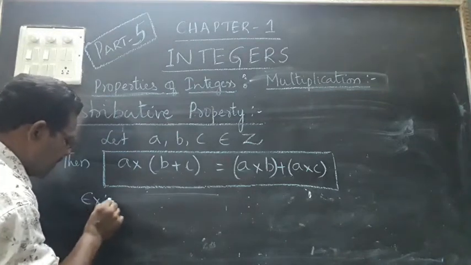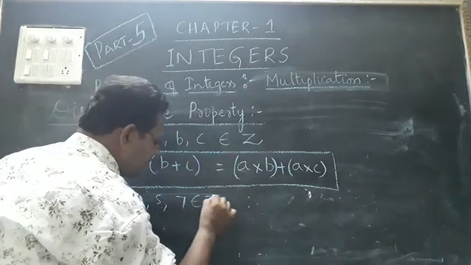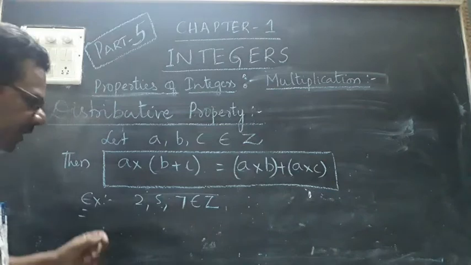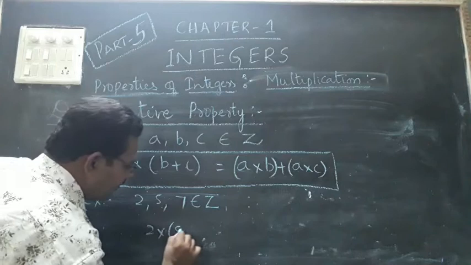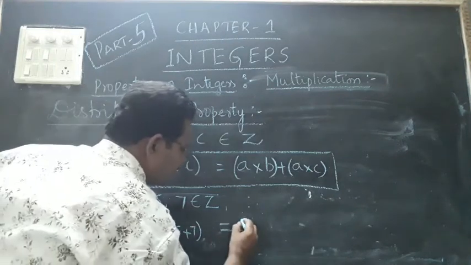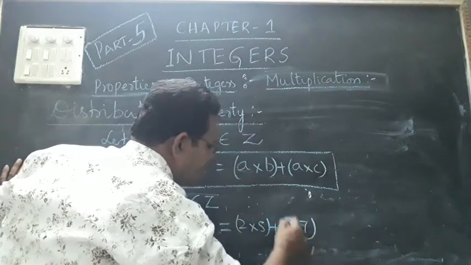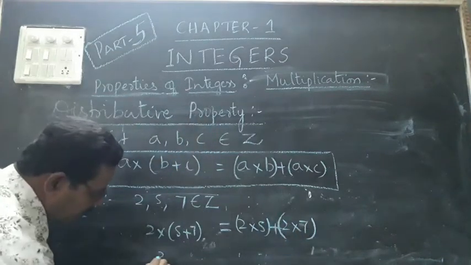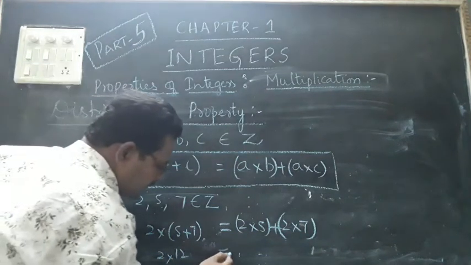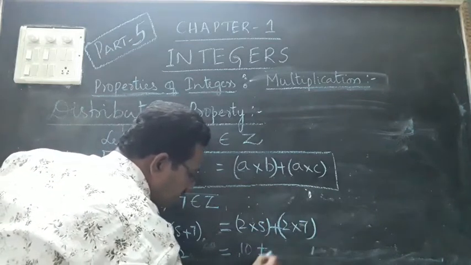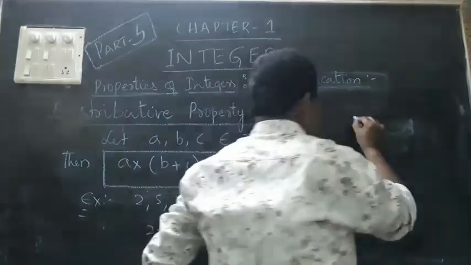Whether this distributive property is followed in the integers or not, we shall check now. Here I am taking an example: 2, 5, 7. These three numbers belong to the set of integers. So A into (B plus C) means 2 into (5 plus 7) is equal to 2 into 5 plus 2 into 7. 2 into (5 plus 7), that is 2 into 12, is equal to 24.